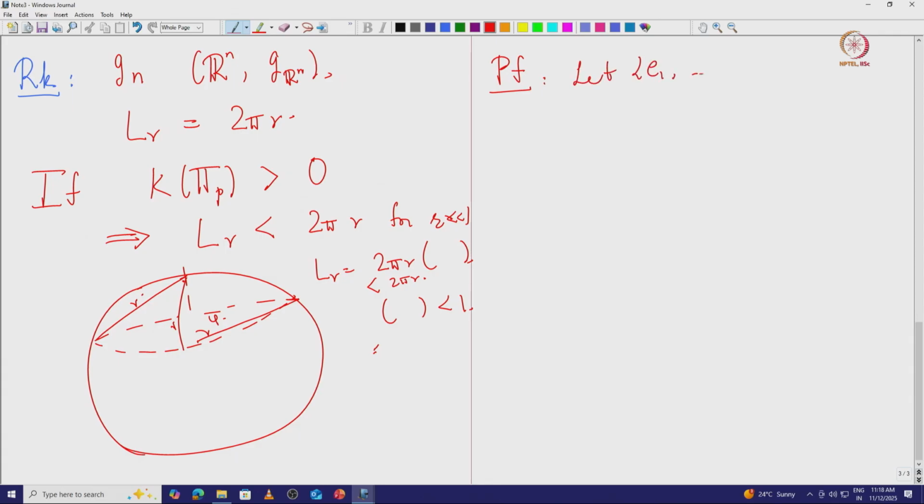So let E1 to En be an orthonormal basis for the tangent space at P, and let x1 to xn be the corresponding normal coordinates.